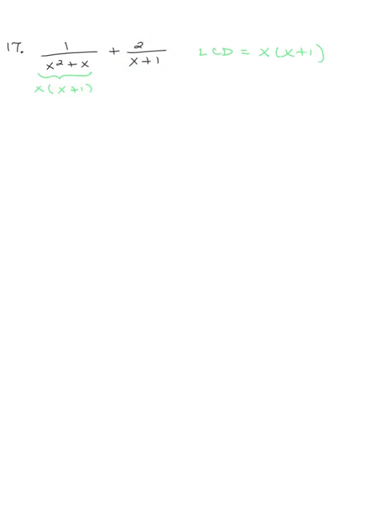I'm only adjusting the second fraction. So I'm going to choose to write the first fraction as 1 over x times x plus 1, put it in its factored form. For the second fraction, I have x plus 1, but I'm multiplying in x because that creates a common denominator of x times x plus 1.